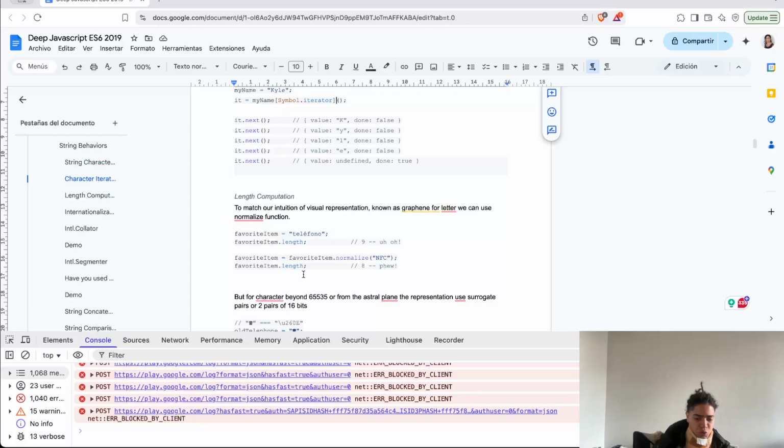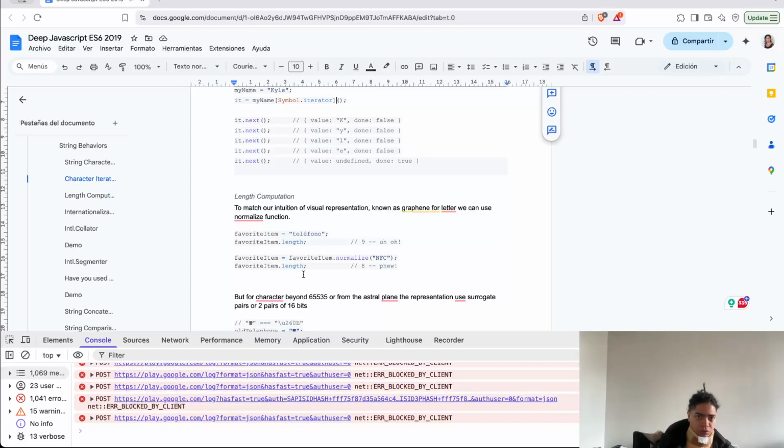To normalize that, when you need to compare, we use the normalization, or this internationalization, or localization API.